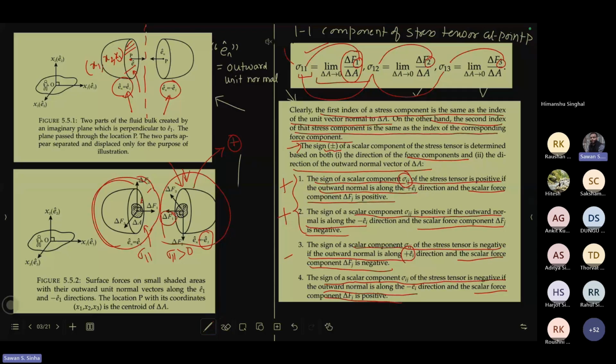So if both normal and force are positive, then the sigma component gets a positive sign. If both are negative, even then it gets a positive sign. But if there is a mismatch in the signs of the outward unit normal and the force direction, then that sigma component will have a negative sign.